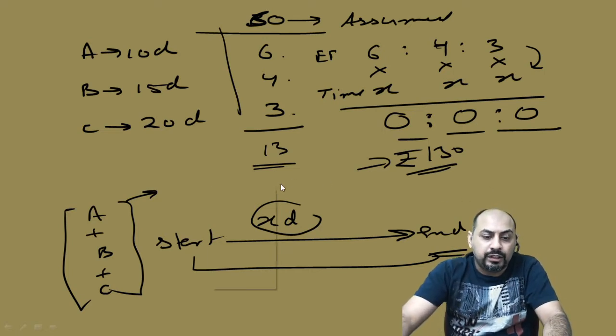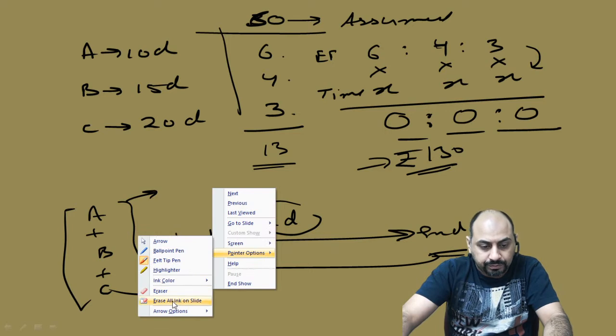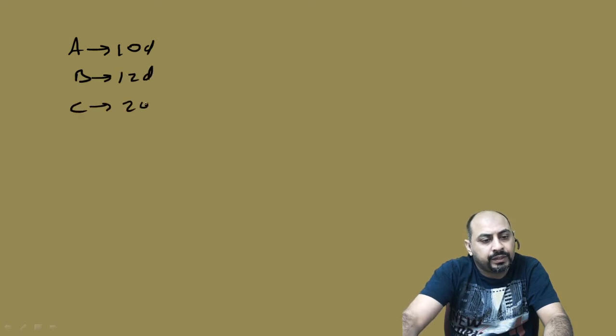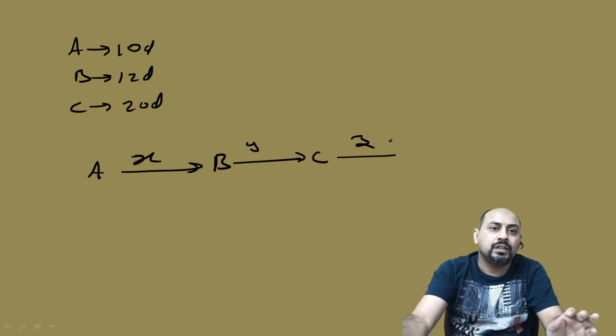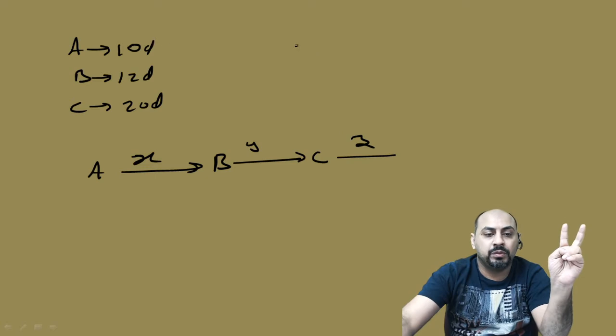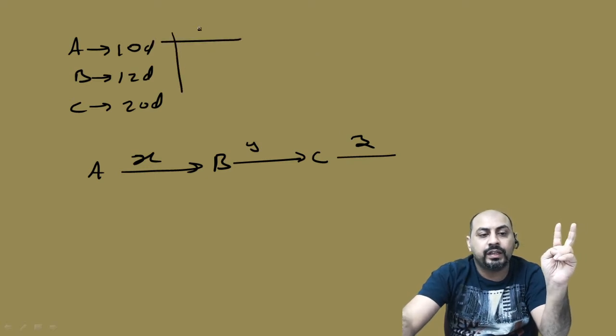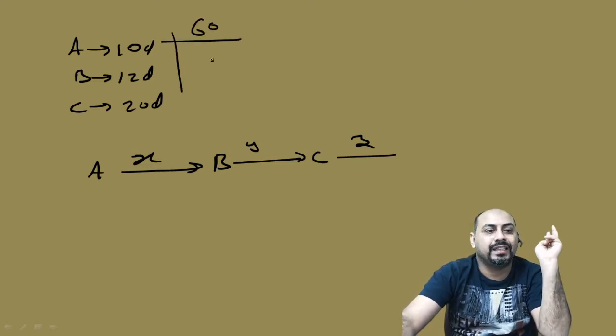Now, if the format of the question changes, and if I say A does it in say 10 days, B does the same work in 12 days, and C does it in 20 days, whatever, right? Now, if A comes and works for X days, then B comes and works for Y days, and then C comes and works for Z days, two things have to be considered. First, their efficiencies. Suppose we take an LCM as 60, so 6, 5, and 3.